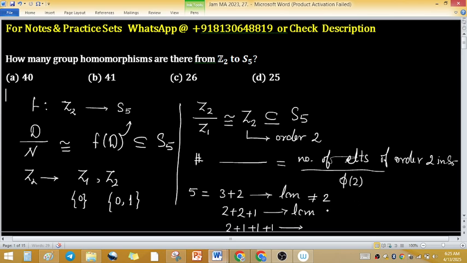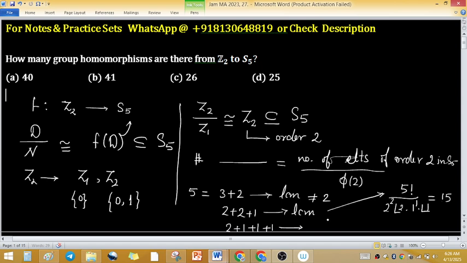So how do we calculate the elements of order 2 for each partition? Factorial 5 upon 2 raised to the power 2 into factorial 2, into, for the cycle of length 1, 1 raised to the power 1 into factorial 1. After simplifying, we get 15.